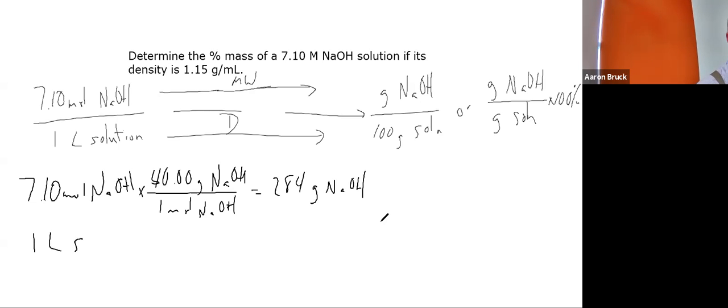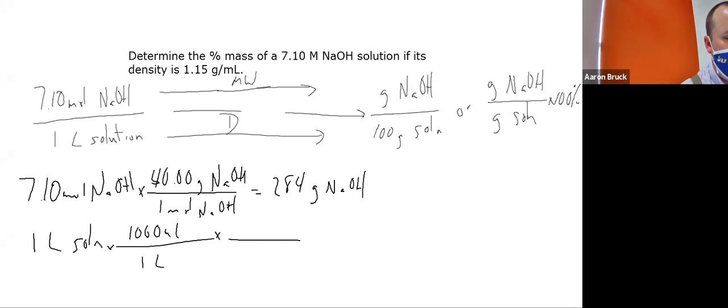One liter of solution. Well, we're going to do the same kind of thing that we did in the last problem. We're not going to calculate liters of solution, but rather convert that to milliliters so that we can use the density. 1 liter is 1,000 milliliters, and every milliliter is 1.15 grams.